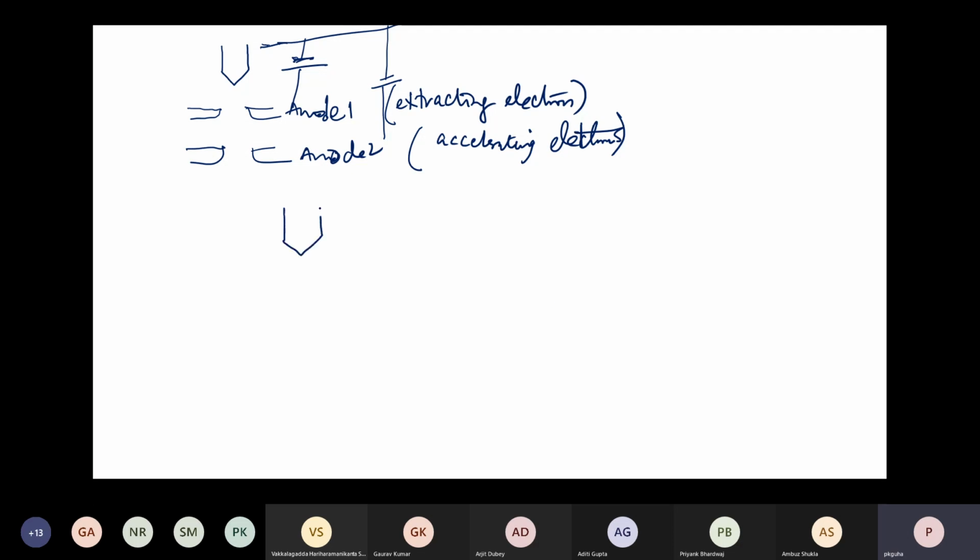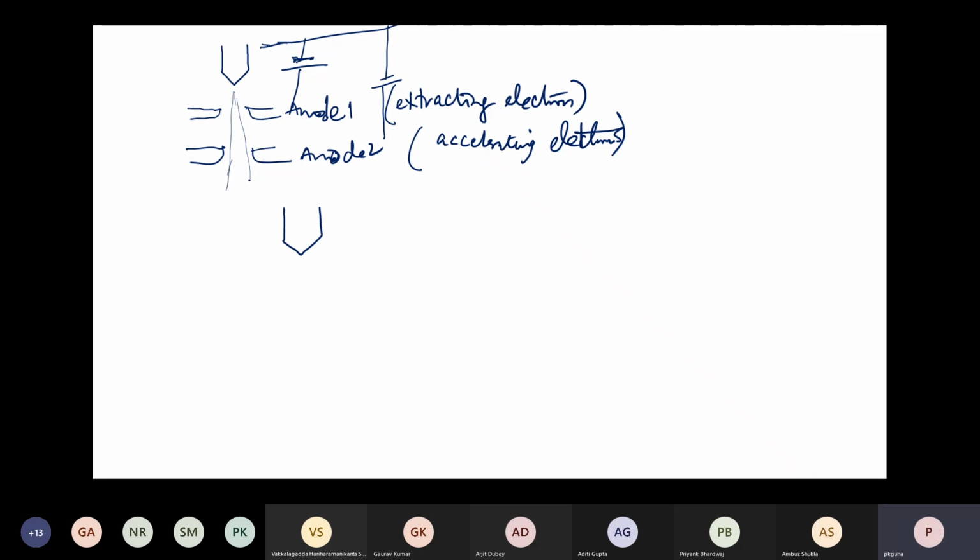You see these anodes will have a hole in the middle so that the electrons can pass through. Otherwise all the electrons will be taken by the anode itself, right? That's not the purpose. So you should have a hole so that electrons can pass through it.